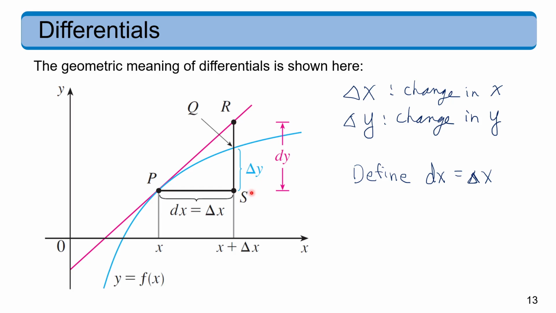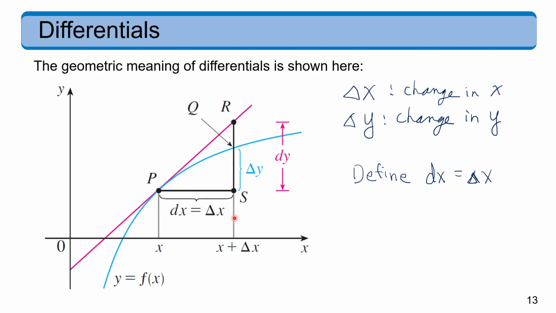Now here's where the tangent line comes in. That's because delta y could be hard to calculate, because f of x might be a complicated formula. So instead of using f of x, we're going to use L of x, the tangent line. And we're going to go to our new x coordinate, which is x plus how much we changed in the x direction.